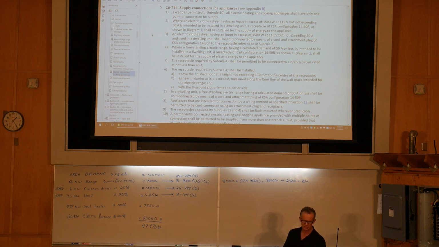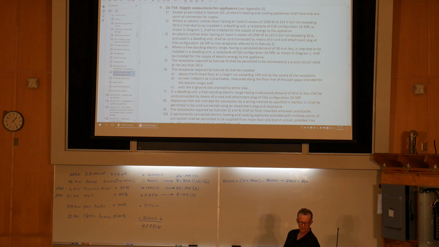It says, where an electric clothes dryer having an input in excess of 1,500 watts at 115 volts, but not exceeding 30 amps, is intended to be installed in a dwelling unit, a receptacle of CSA configuration 14-30R, as shown in diagram 1, shall be installed for the supply of energy to the appliance.